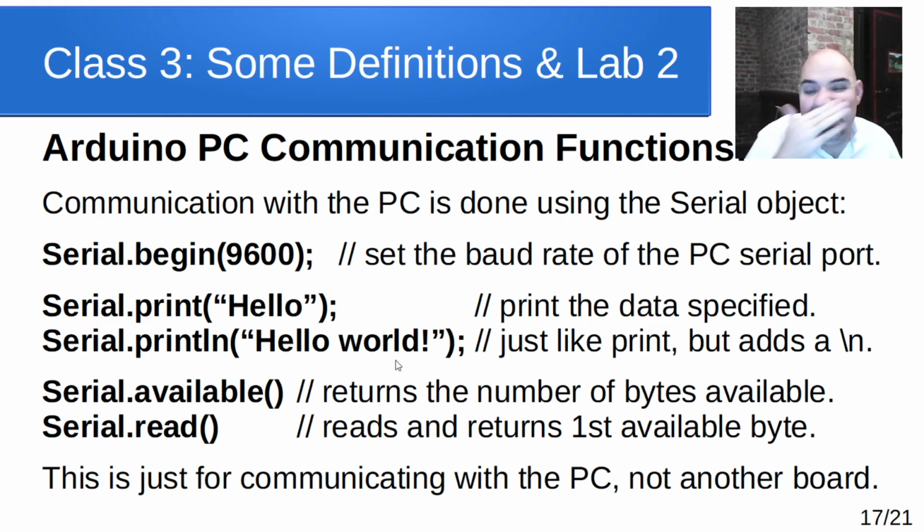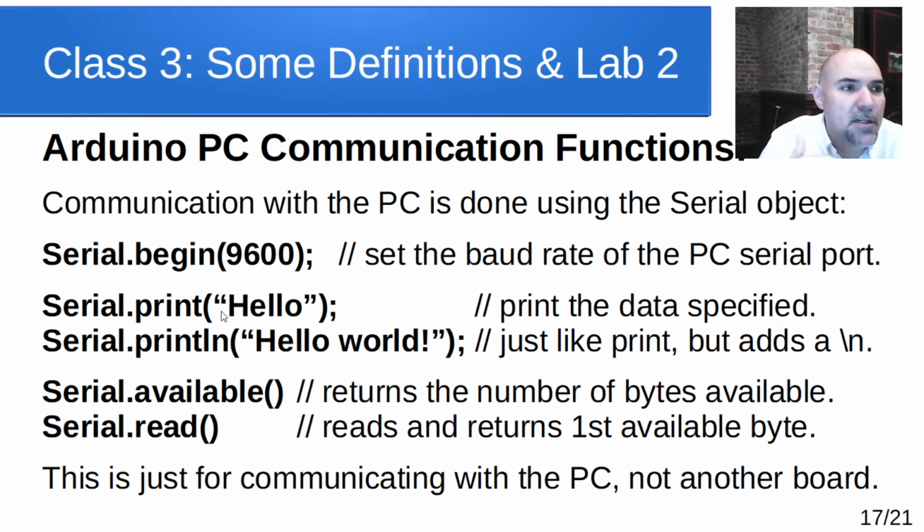Now, because this is C++ based, Serial.print and Serial.println are overloaded methods. So you can print a string like we're doing here, just a character pointer. You could also print a number or a character using these.